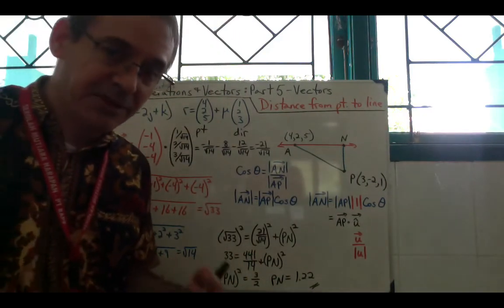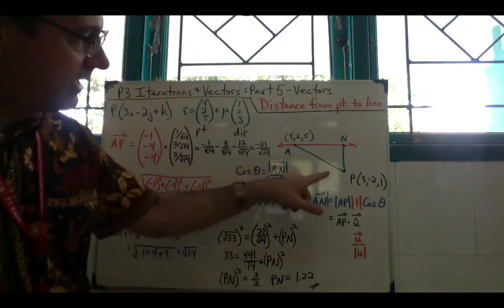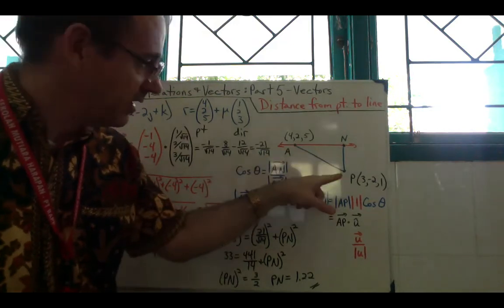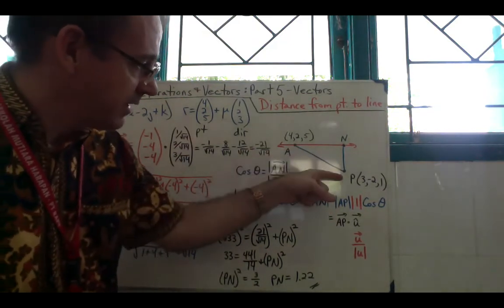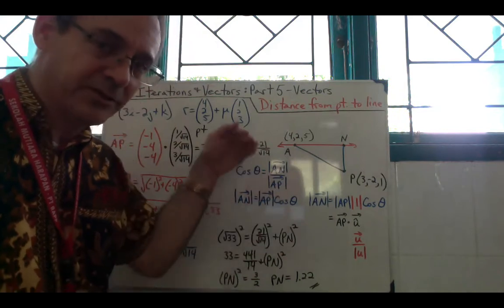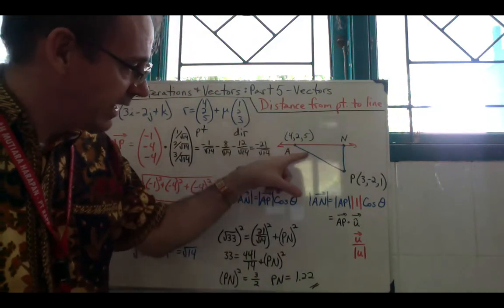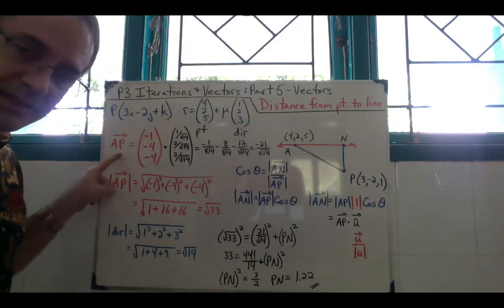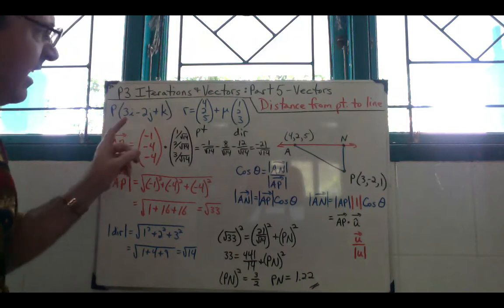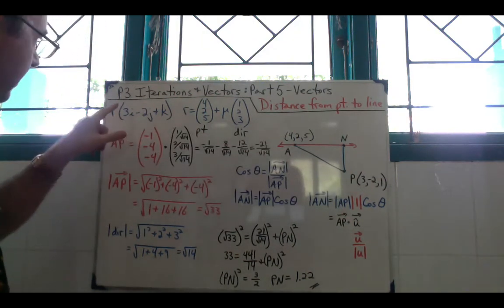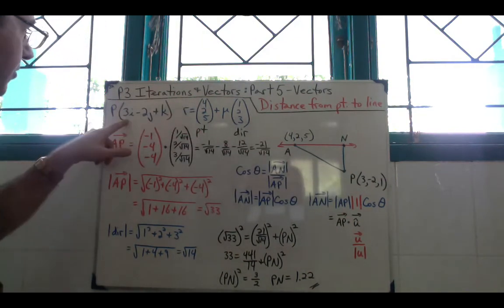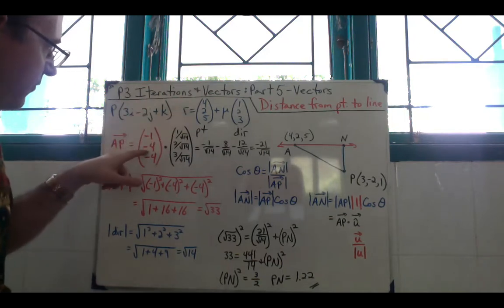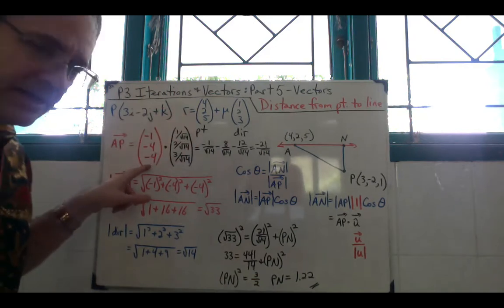And first we'll find the direction, how to get there. And instead of P to A, and I'll explain a little why, I'm going to do A to P instead of P to A. So A to P, doesn't really matter which direction you go, but you'll see why in a minute, why I prefer to go A to P. So if we go from A to P, remember that means P minus A. So here's our 3, here's our A. So 3 minus 4 is a -1. -2 minus 2 is a -4. 1 minus 5 is a -4.